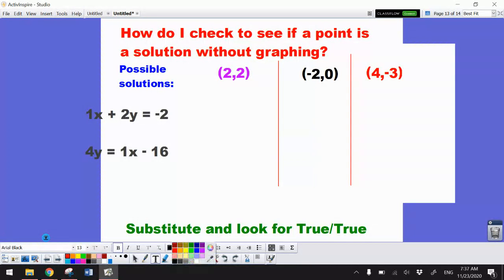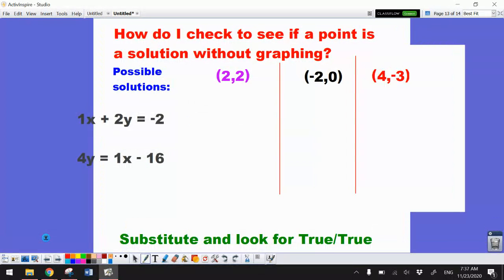Okay, so I'm going to switch over to purple here to keep them separate, and I'm going to start substituting. So I see that I have a 1 in a parenthesis, a 2 in a parenthesis, and a -2. And I'm substituting in my x and my y. So the x goes first, the y goes second. Okay, so 2 times 1 is 2. 2 times 2 is 4. 2 plus 4 is 6. 6 equals -2.